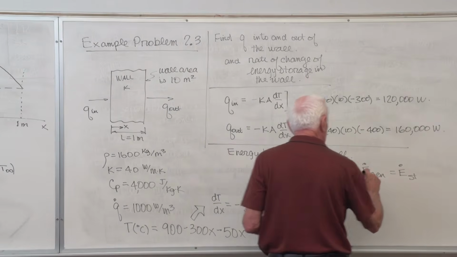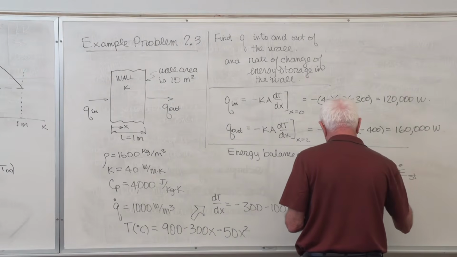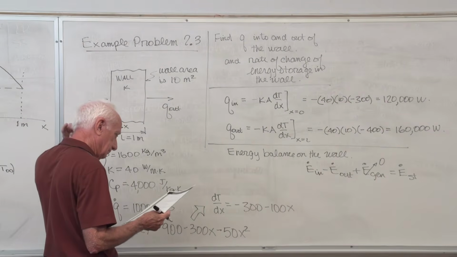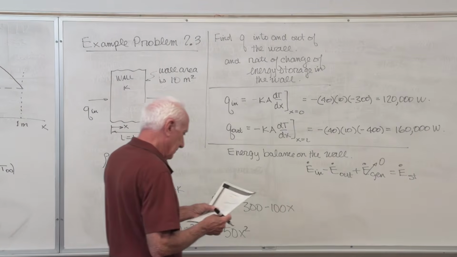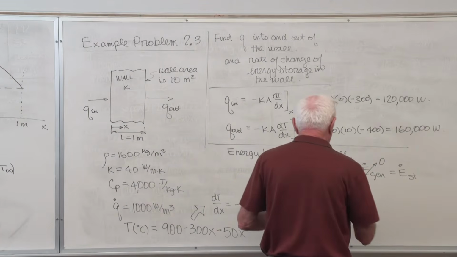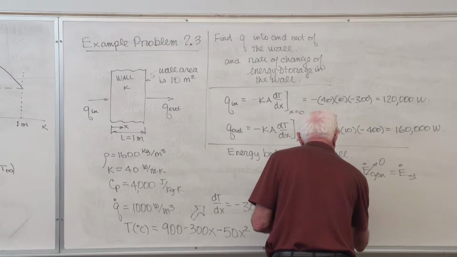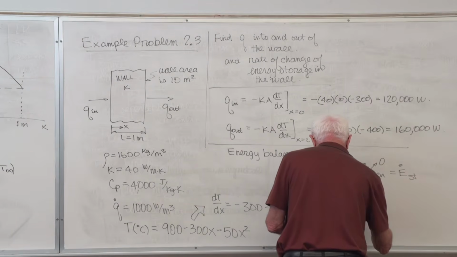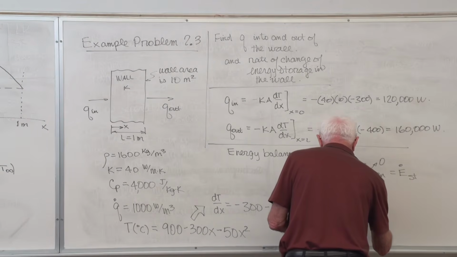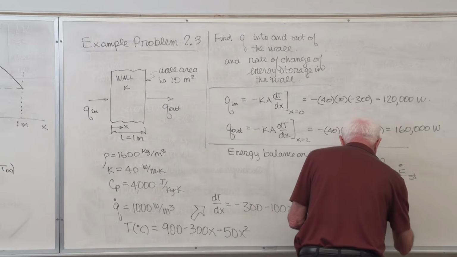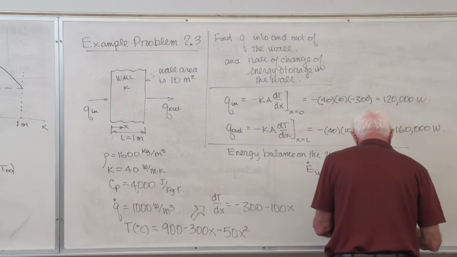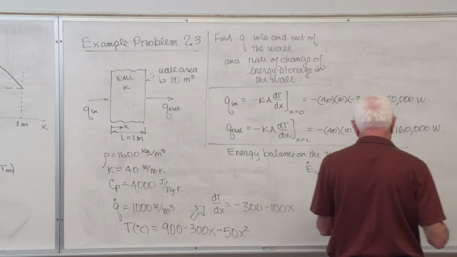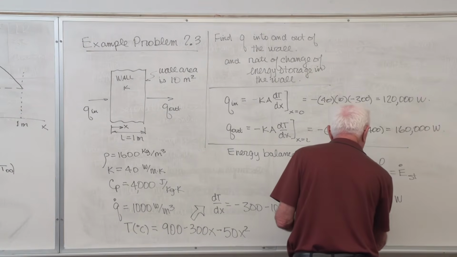Okay, there's no generation, 0 generation. So put that in here and solve for E dot storage. Minus 3,000 watts. 30,000, pardon me, 30,000 watts.